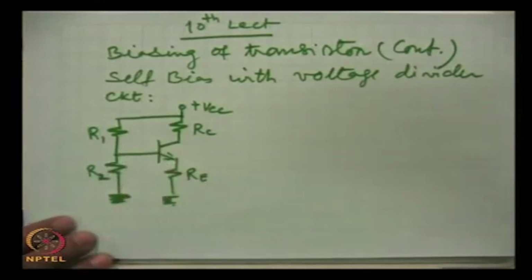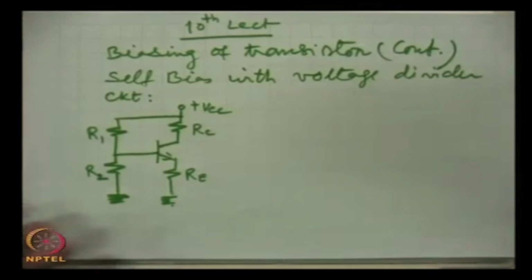Here, this is the voltage divider circuit. In fact, this is the one with the self bias which is very widely used. This has certain advantages which we will point out.